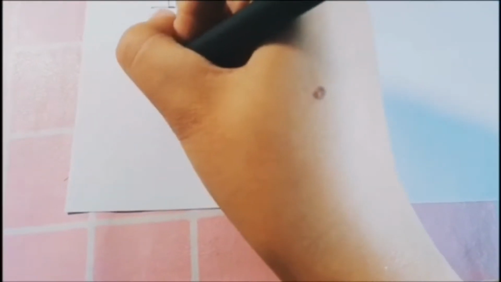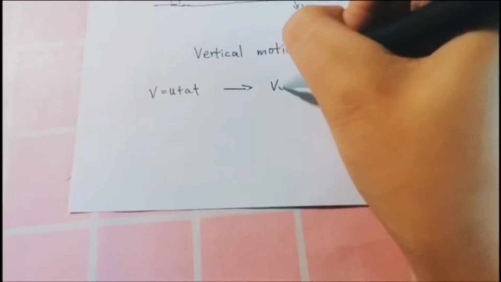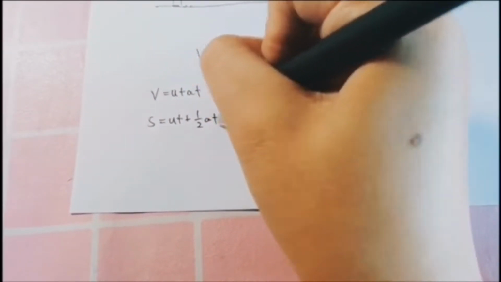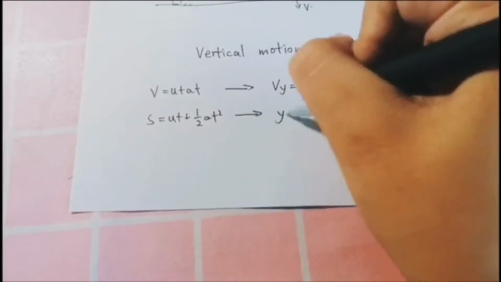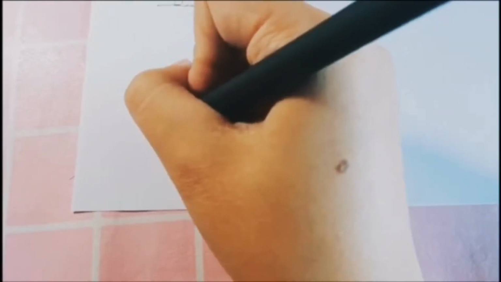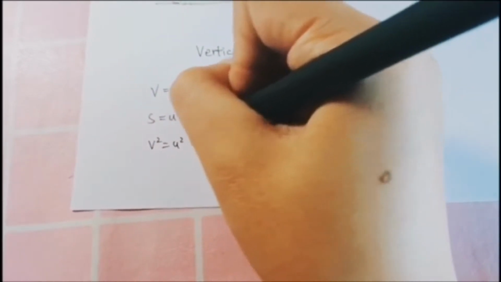The vertical motion is a uniformly accelerated motion. The initial vertical velocity is 0, so u equals 0. Finally, we can use the equations of accelerated motion to get the equations of the vertical motion.